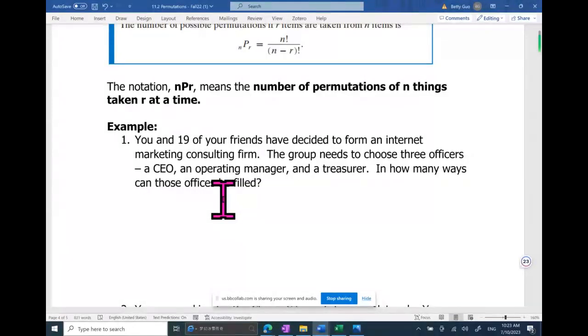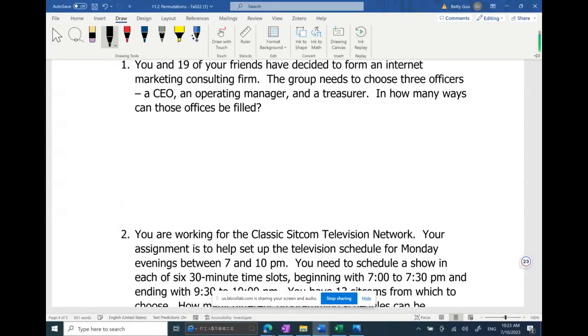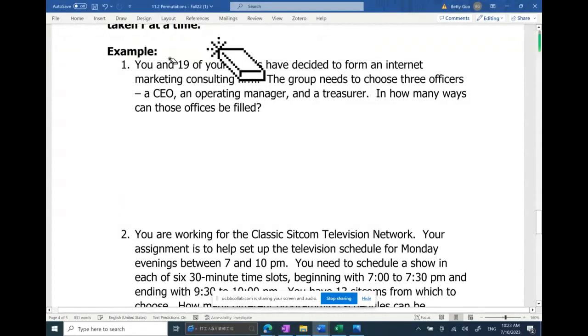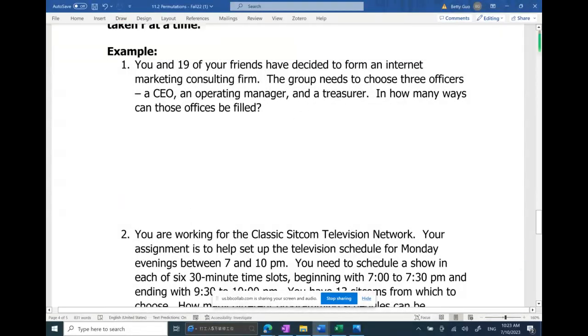Choose 3 books from the 5 different books and make an ordered arrangement on the bookshelf. Let's see. Example 1. You and 19 of your friends. So that's 20 people in total, right?